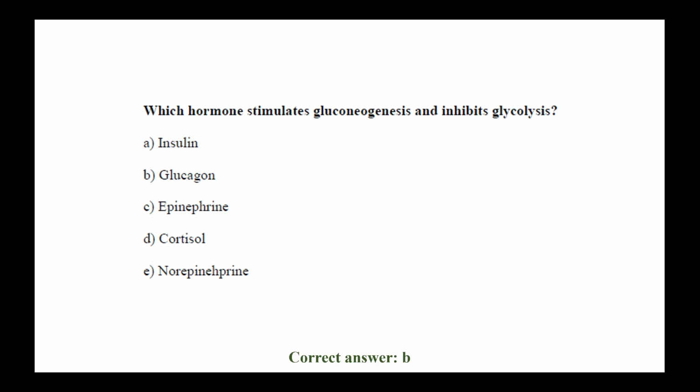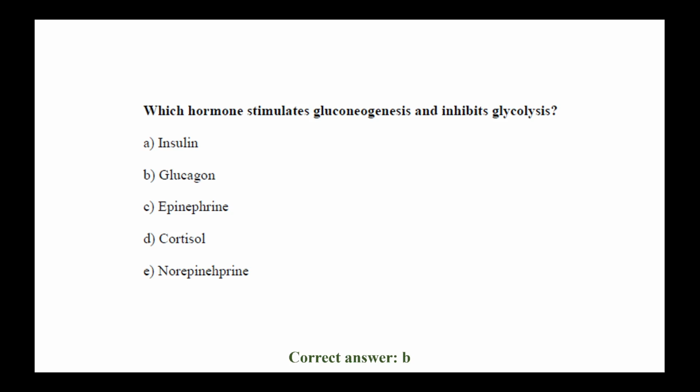We studied that in the presence of insulin, the blood glucose level is controlled. If more and more insulin is present, more and more glucose will be metabolized by the glycolysis pathway. Similarly, there's another hormone called glucagon that stimulates gluconeogenesis.